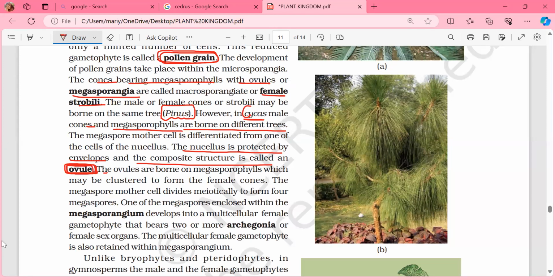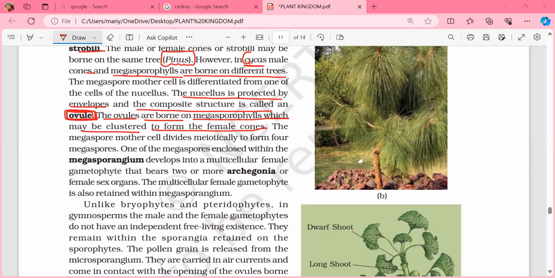Now the ovules are borne on the megasporophylls, which may be clustered to form the female cones. Okay, up till now is everything clear? Yes, ma'am.